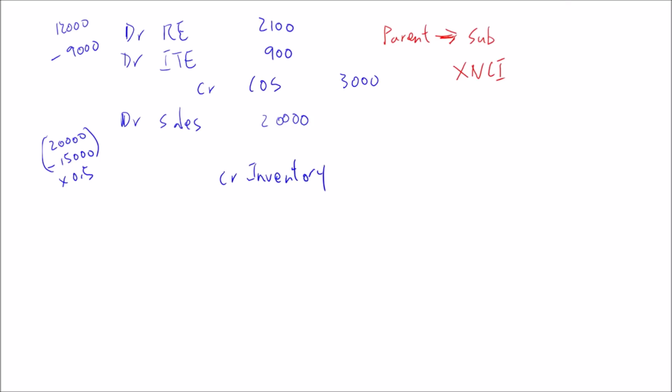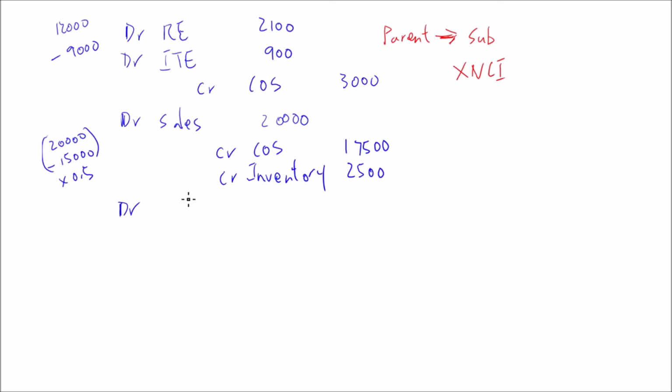So we credit inventory for $2,500. And then we want to work backward to balance the journal by crediting cost of sales, $17,500.